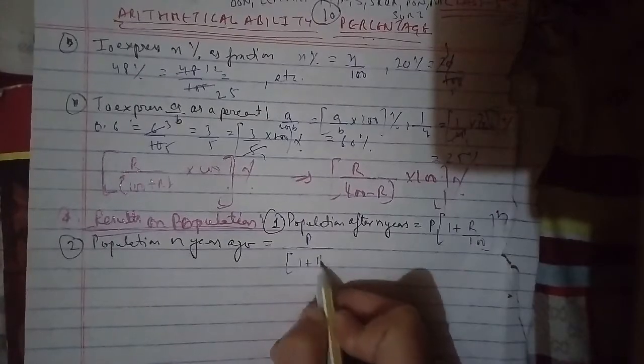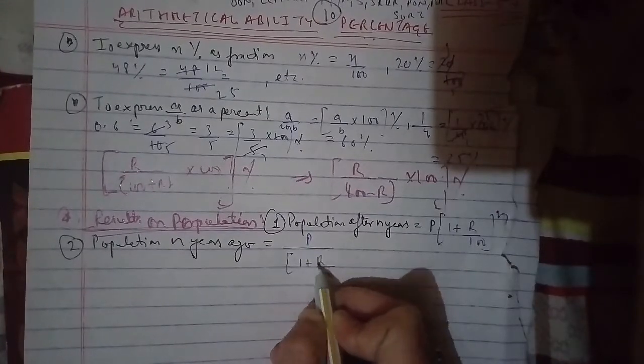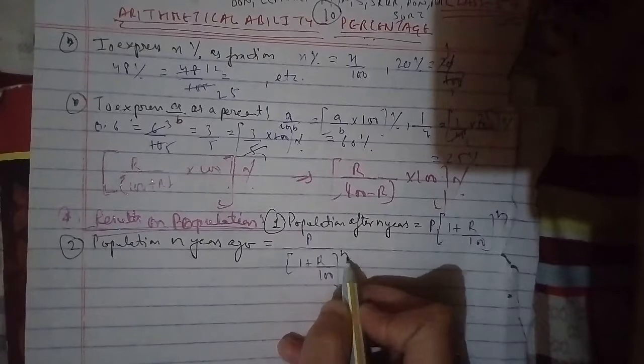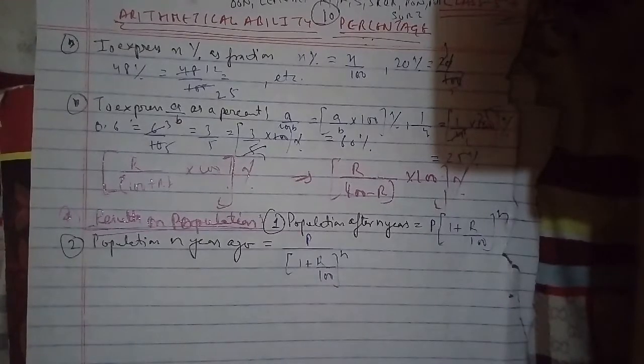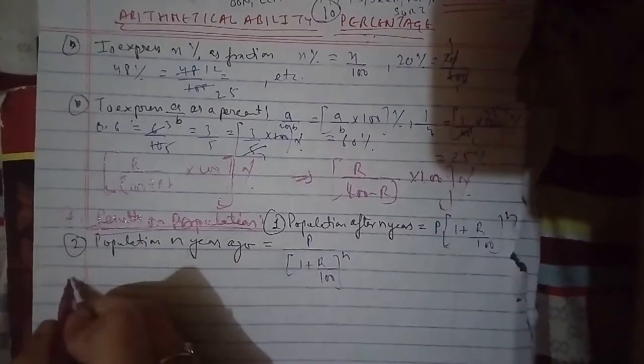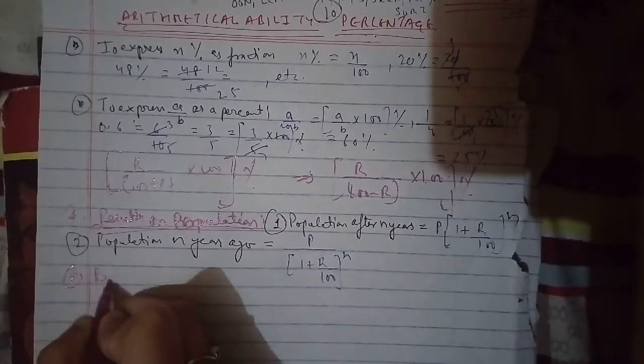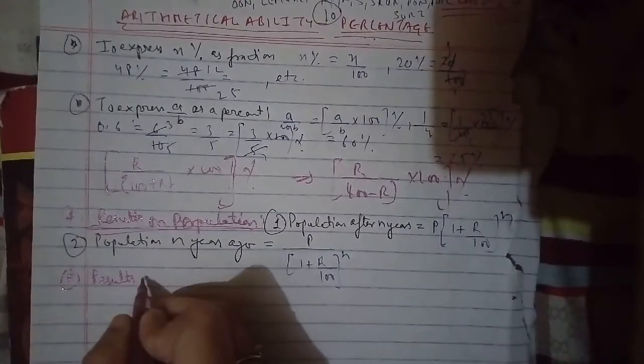Results on depreciation. Let the present value of a machine be P, and suppose depreciation at the rate of R% per annum.